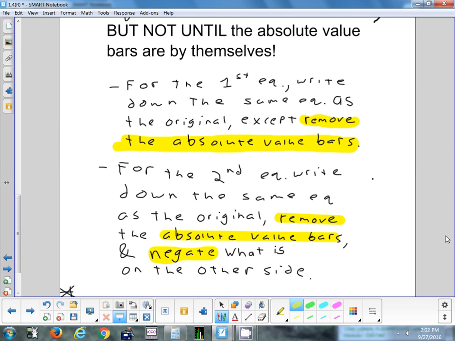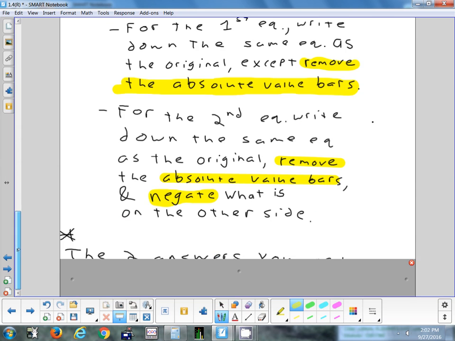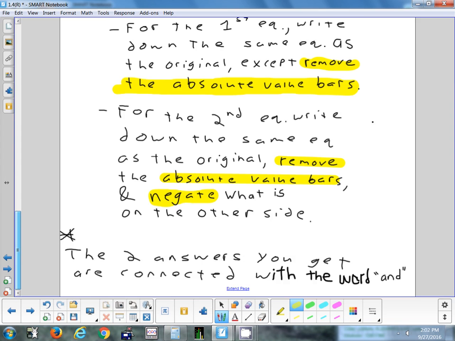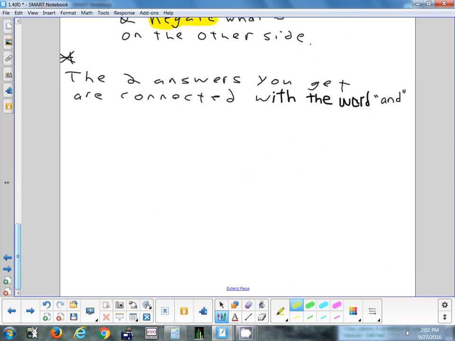So if you want to write this, guys, here's my original. Again, if you want to write this in, you can, you don't have to. Let's say we had 3a plus 5 equals 18.